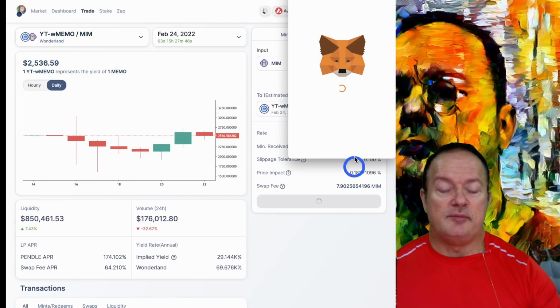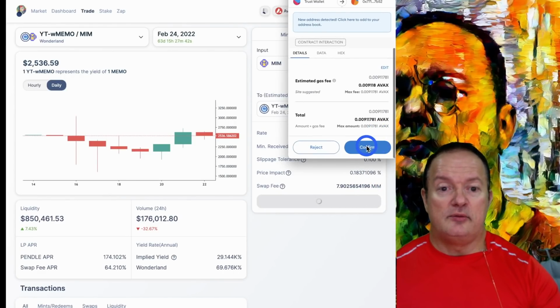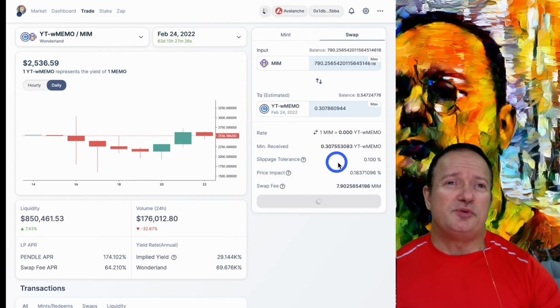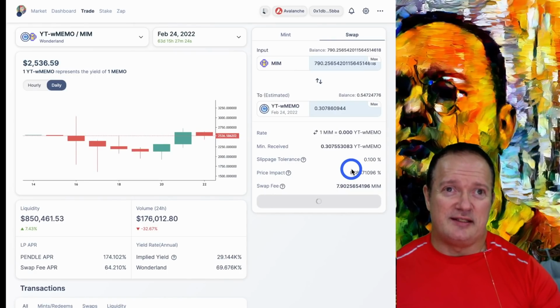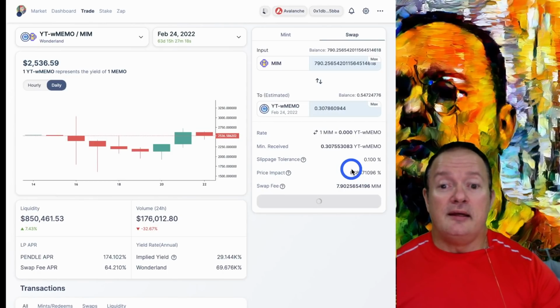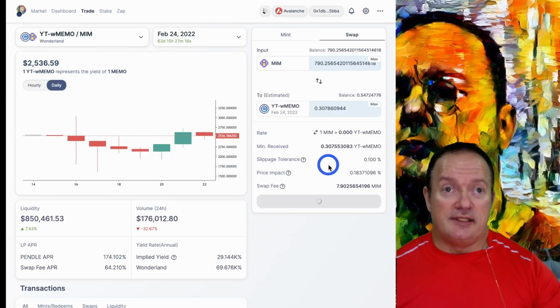It's 7.9 million. But anyway, we're getting it back on the extra APY. There's a bit of a price impact. There's a way to reduce the price impact if we went on TraderJoe and performed several transactions, but it gets complicated. So I think this is the best way to do it right now.